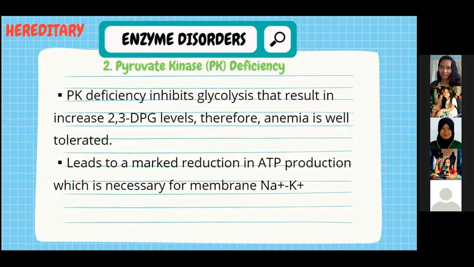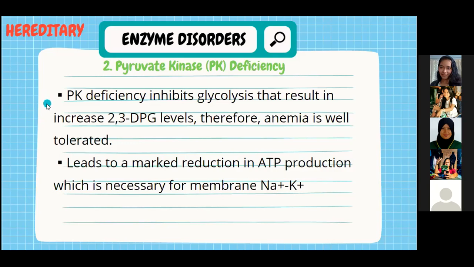So this pyruvate kinase deficiency inhibits glycolysis that results in an increase of 2,3-DPG levels. So therefore, anemia is well tolerated. This PK deficiency is also an autosomal recessive disorder.